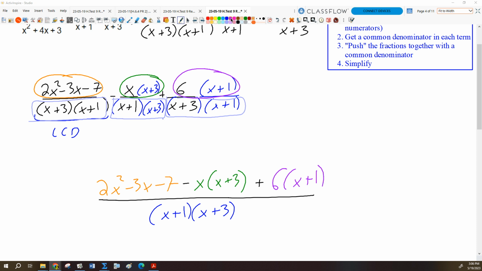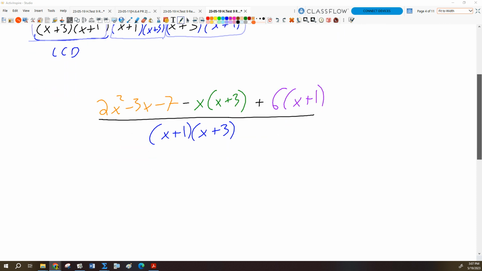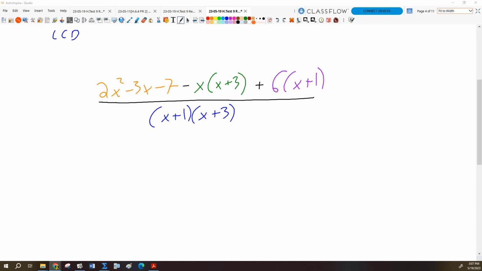Okay? Give me 1 to 5 so far. Are we good? Okay, good. And then now we just have to simplify the numerator, combine like terms.